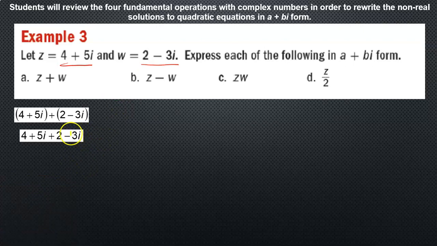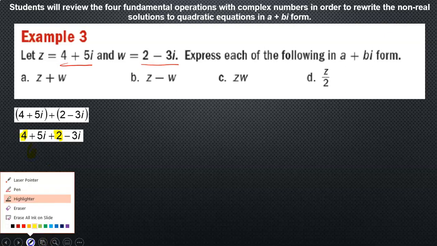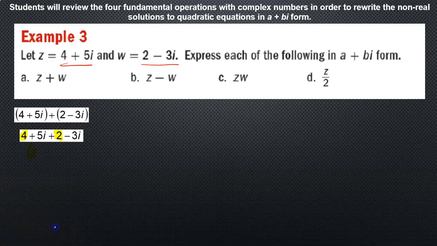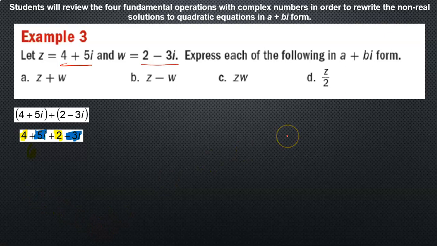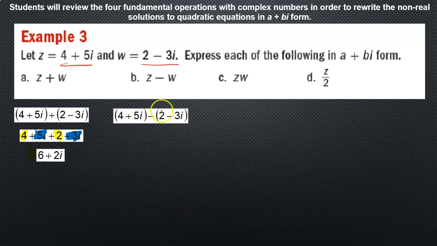So I have a 2 and I have a 4, which is going to give me 6. And then I have like terms in my i's. I have 5i and I have negative 3i, which is going to give me 2i. So I have 6 plus 2i. Same thing when we are subtracting, but this time we have to distribute this negative through.